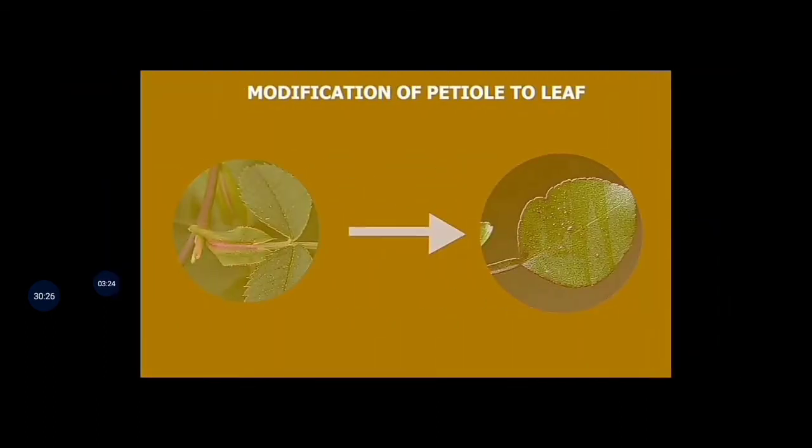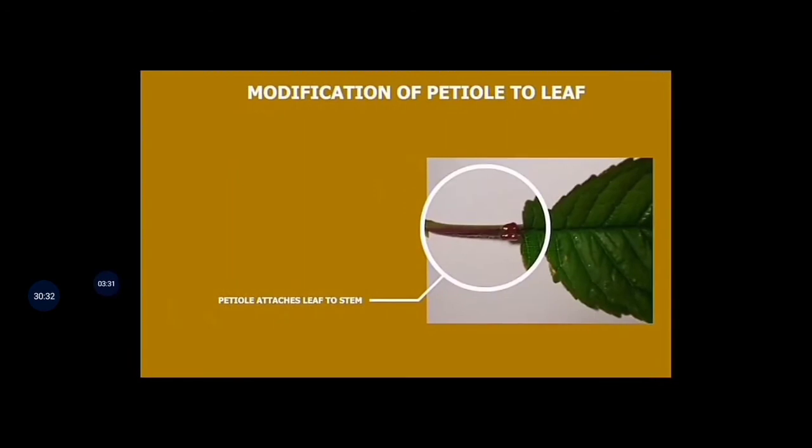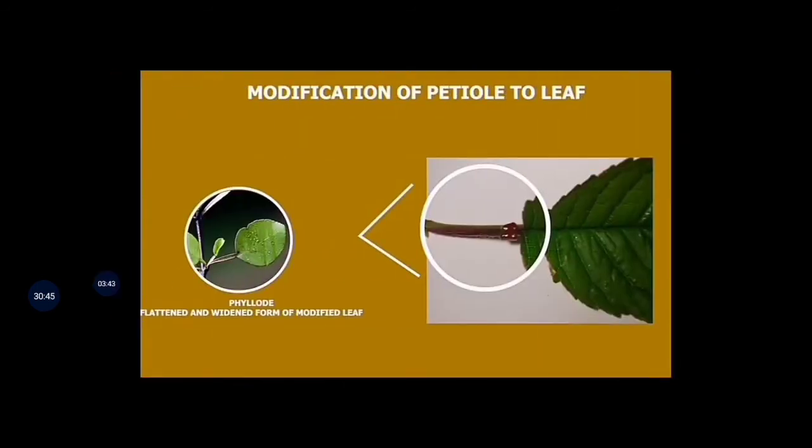The next modification is modification of petiole to leaf. We know a small portion beneath the leaf is called the petiole. In some plants, these petioles are modified. These petioles become flattened and widened.